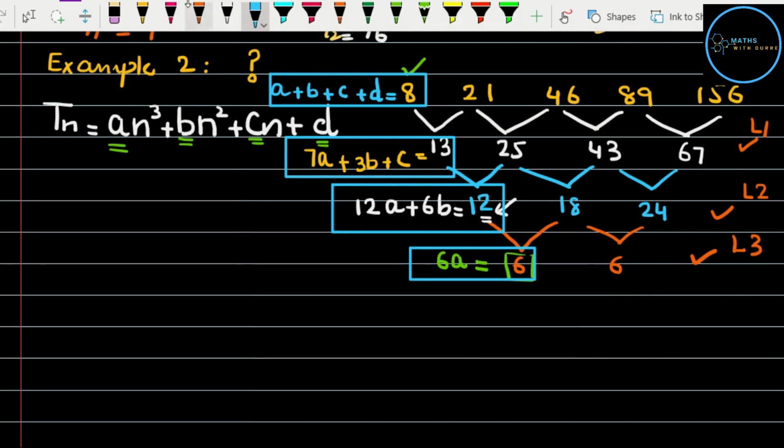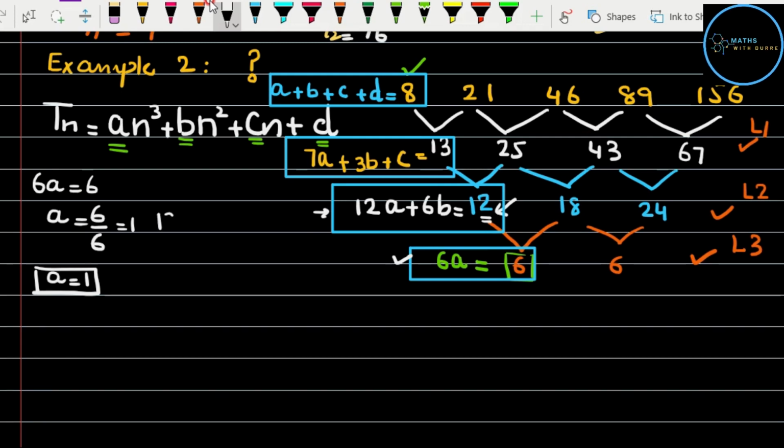Let's make a start. So first one is 6a = 6. So we can easily calculate a, and that is 1. So a is 1 here. And what about the second equation? I'm going to write it here: 12a + 6b = 12.